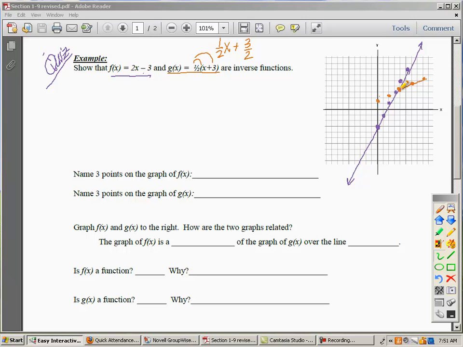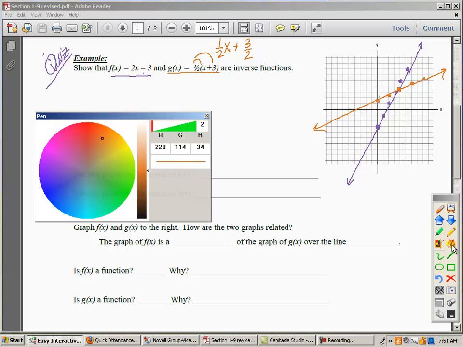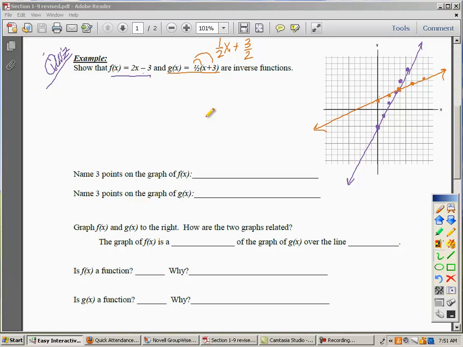I'm having a hard time with my pen, but there's the idea. Okay, again, if we're looking for inverses, we should know that if they are inverses, I could reflect it over this y equals x line. And as you look at this, it seems to look like, yes, these are inverses because of a reflection.